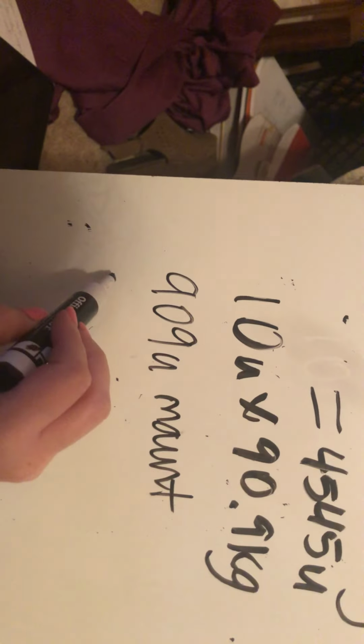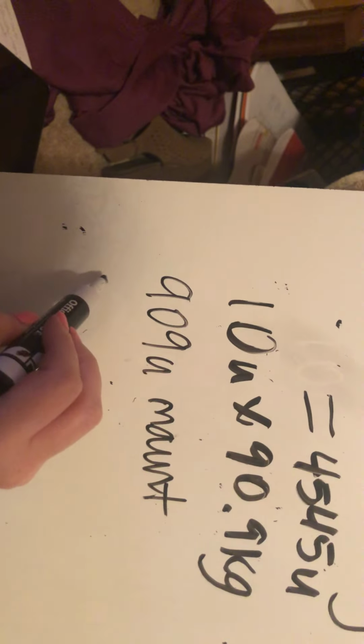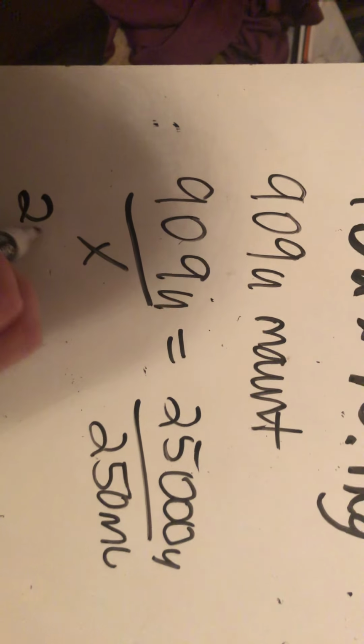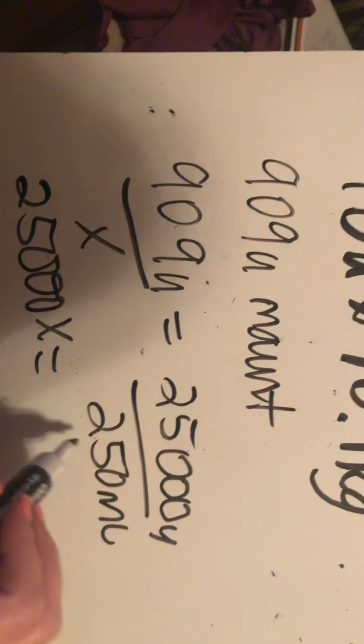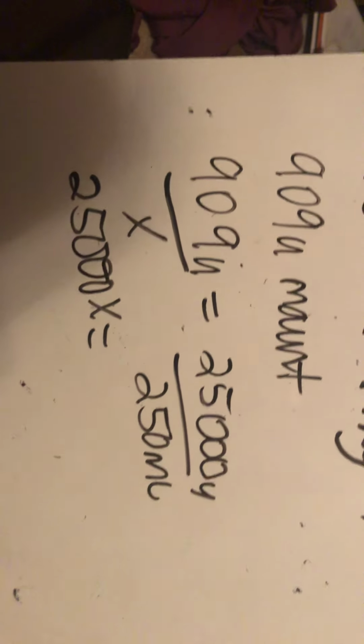Okay, and if we want to find out how many milliliters per hour, our concentration is this 25,000 units per 250. So we come back over here, 25,000 units per 250. Okay, then we're just going to cross multiply all that out. 909 times 250.